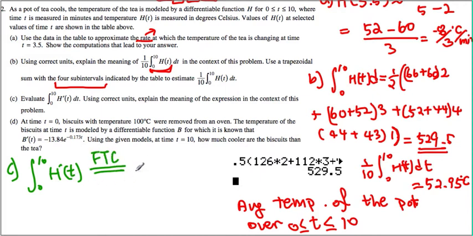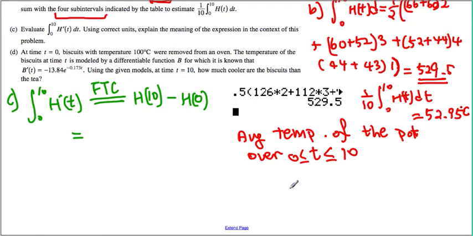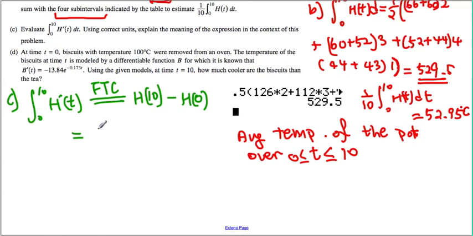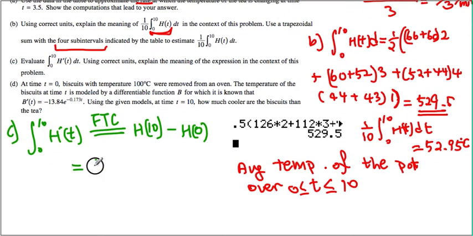Based upon the fundamental theorem of calculus, we end up getting h of 10 minus h of 0. But h of 10 was 43, minus 66, which will be equal to negative 23 degrees Celsius.